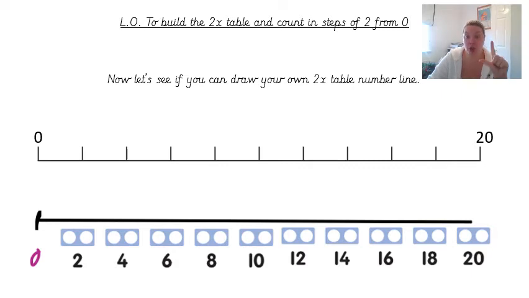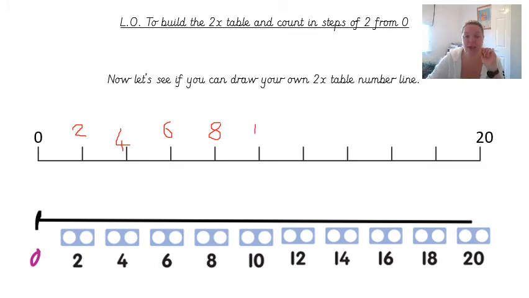We're adding 2 each time. So 0, 2, add 2 more, 4. I'll write the numbers in. So we've got 2, 2 more, then we said 4. Add 2 more, 6. Add 2 more after 6 is 8. And after 8, add 2 more is 10.